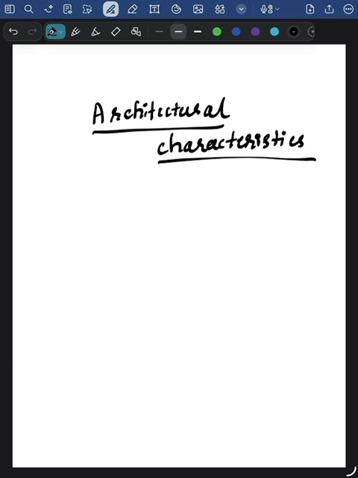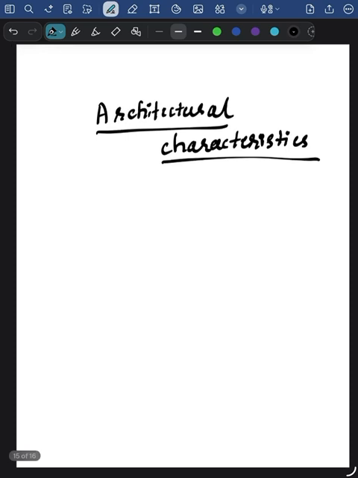Now, we understand architectural characteristics in three different aspects. One, as we already mentioned, these are non-domain. The domain design considerations cover the behavior of the system, and architectural characteristics define the capabilities of the system.